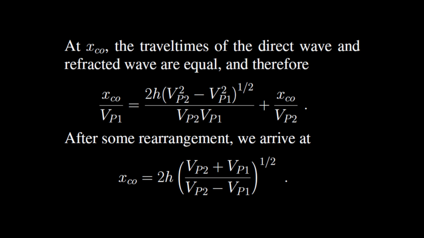Now that we have the travel time, let's compute the crossover distance, that is, XCO. At XCO, the travel times of the direct wave and refracted wave are equal. We can then deduce the crossover distance.